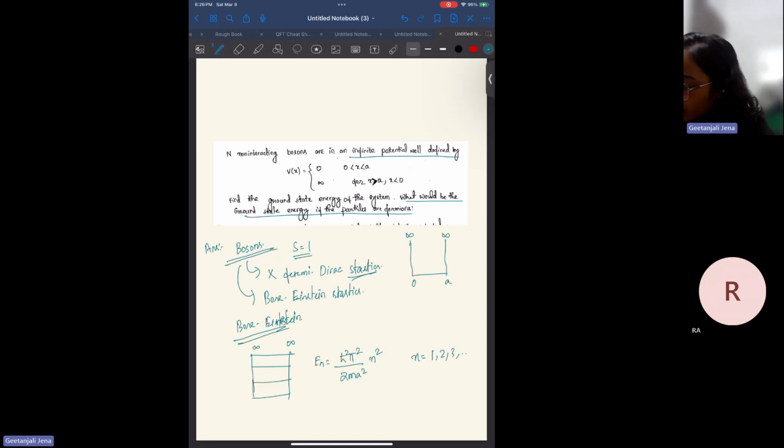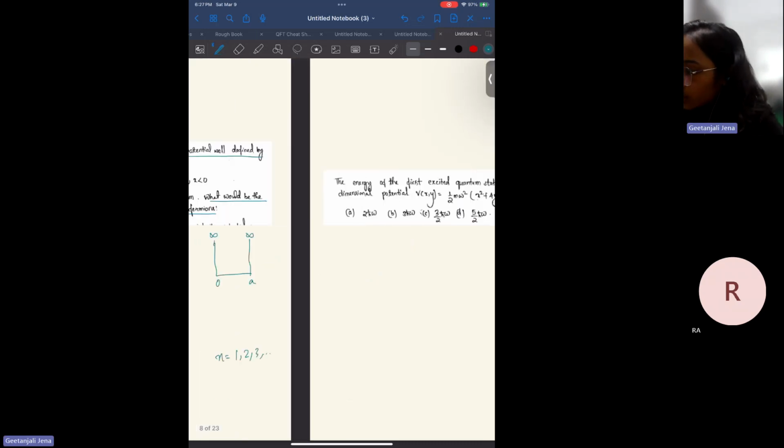So when the particles are bosons, you can place all the bosons in the same energy level. If they are asking about the ground state, you can place all the particles in the same ground state, E1.